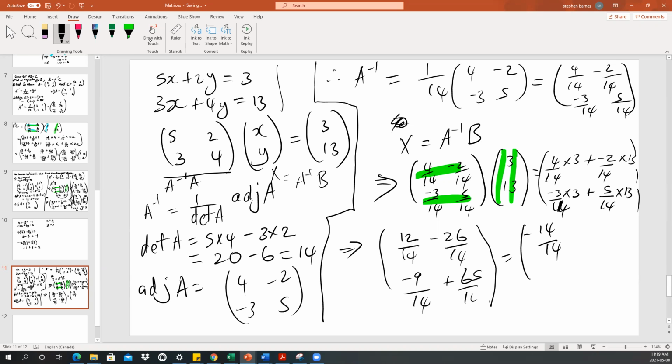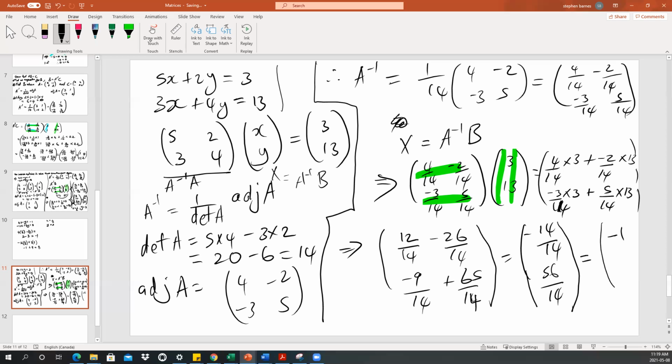And this is 56 over 14. So we know for sure that this is negative 1.